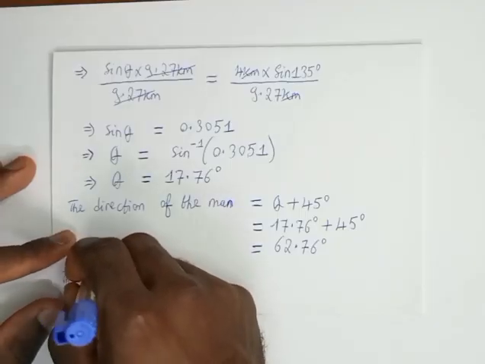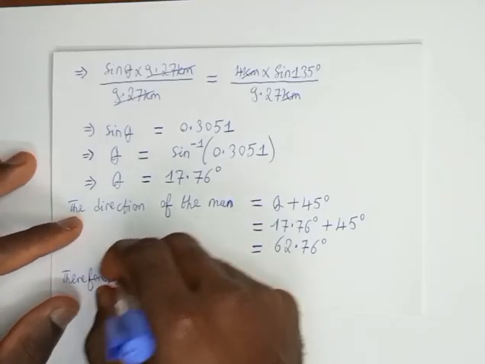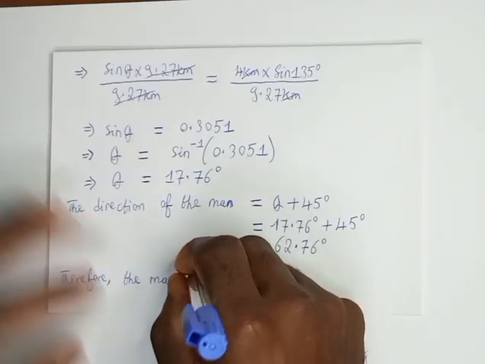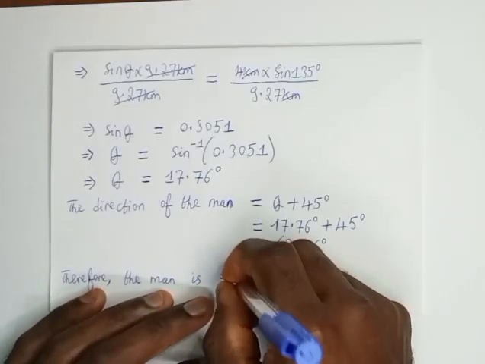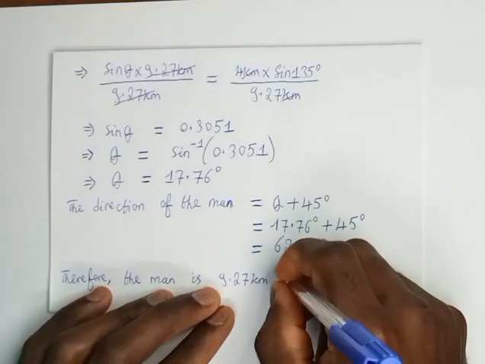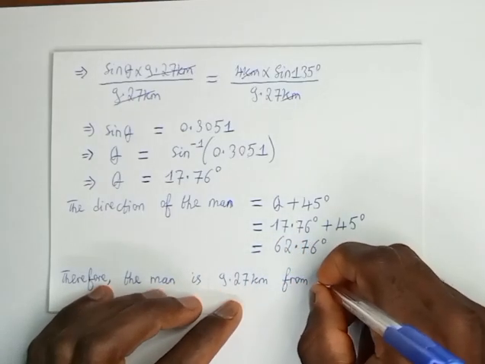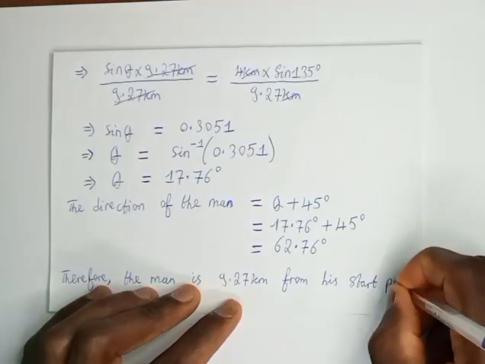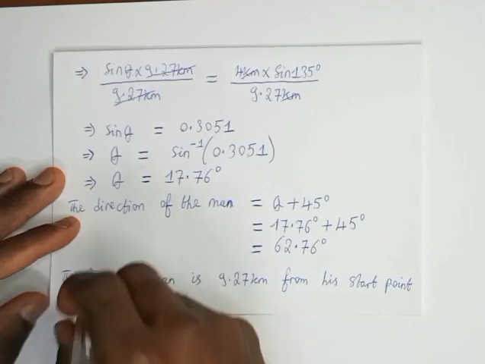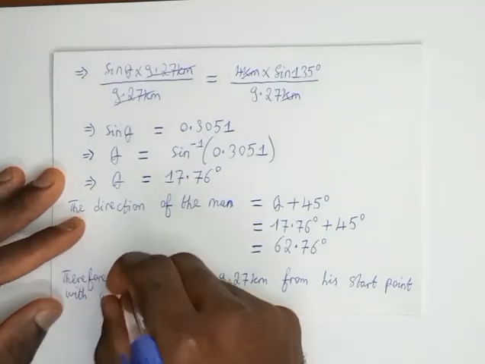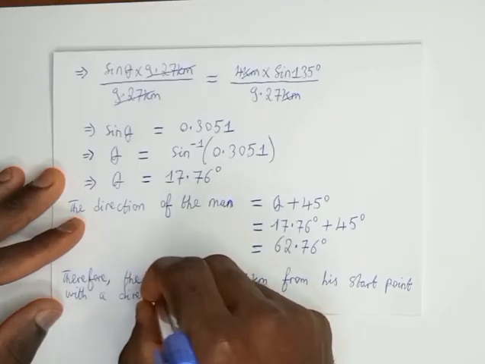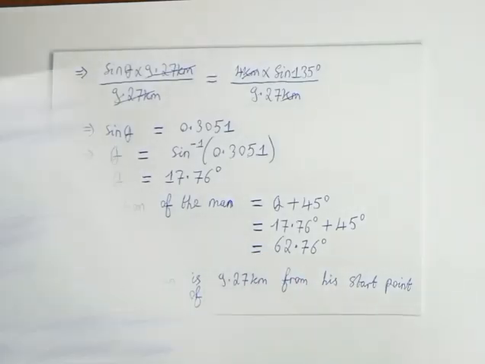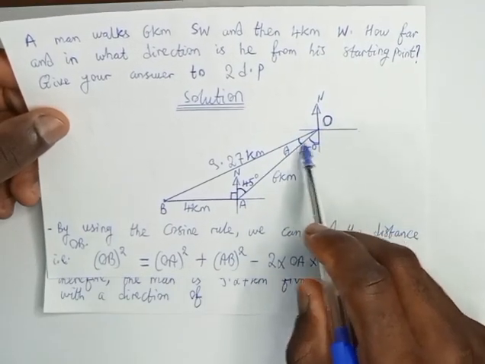Therefore, the man is 9.27 kilometers from his start point with a direction of, you see that this angle lies on the southwest.